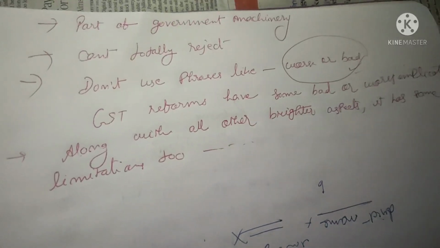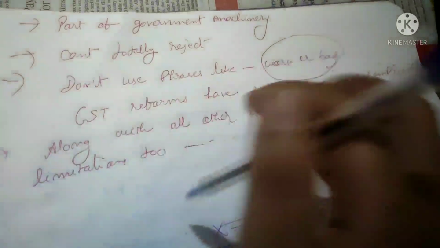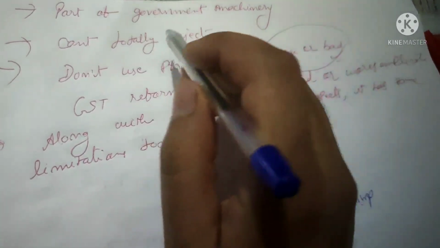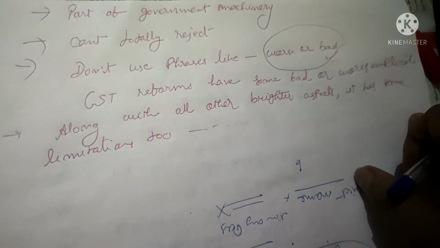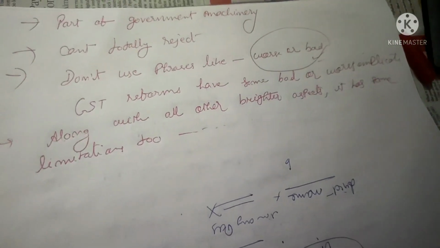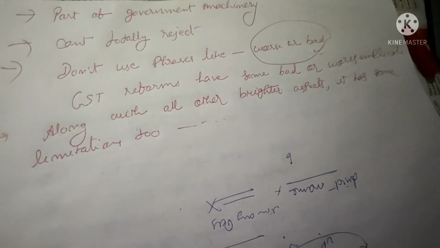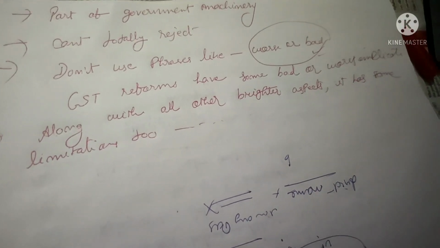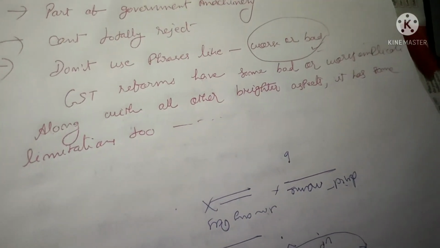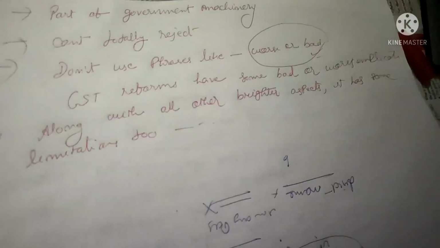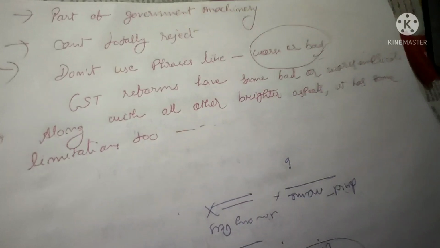As a part of the government machinery, you cannot totally reject any kind of reform put forward by the government. Instead, you can put forward some minimalistic or other reformist aspects. Right, what you can do from your side to check and balance in such reforms if necessary.